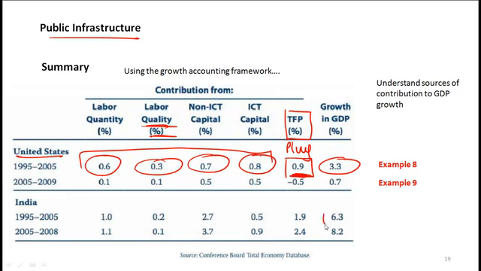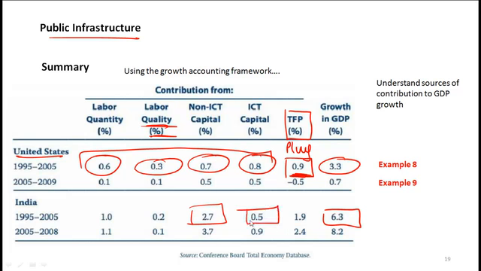India grew at a reasonable rate of 6.3%. Where did this growth come from? It came from labor quantity and labor quality. Labor quality did not improve too much. Non-ICT capital was a pretty major area. So we can see that in this period a fair amount of investment was made, and then in the subsequent period there was even more investment in capital.